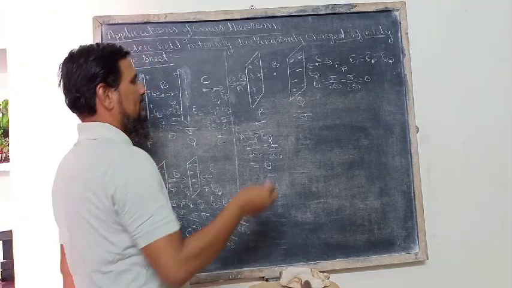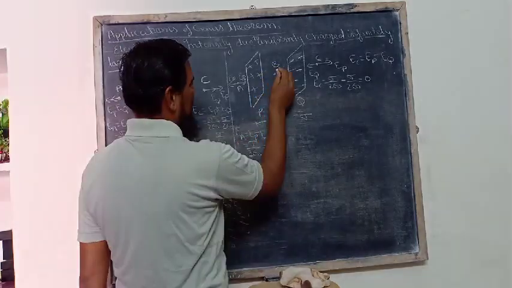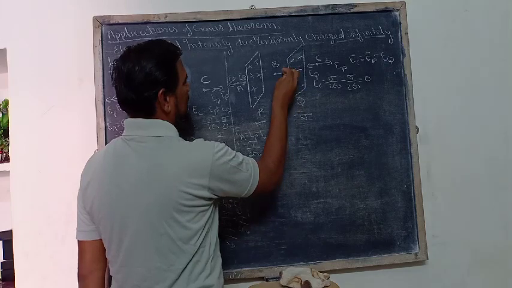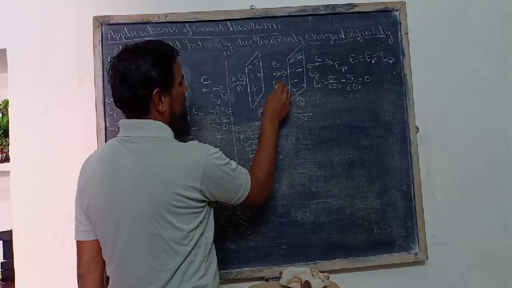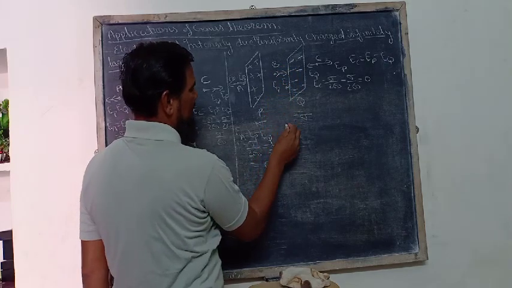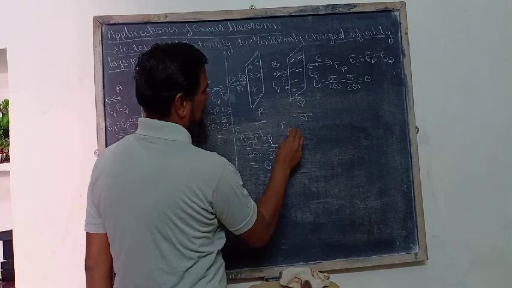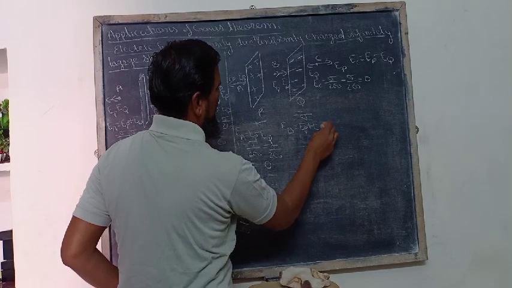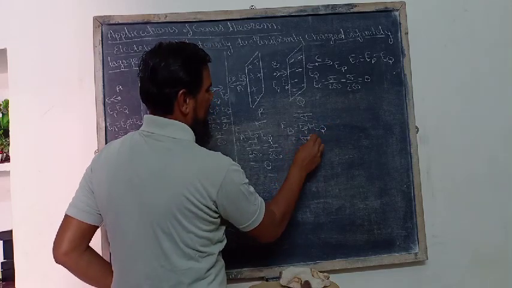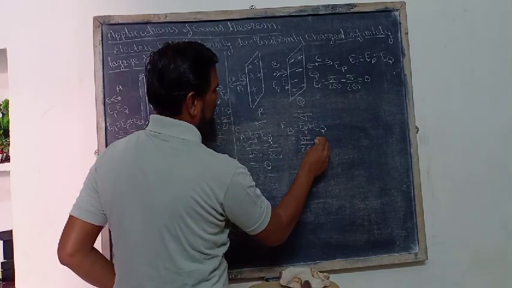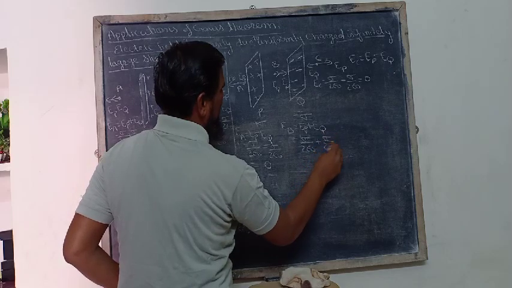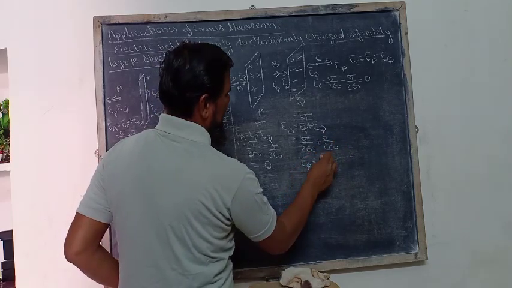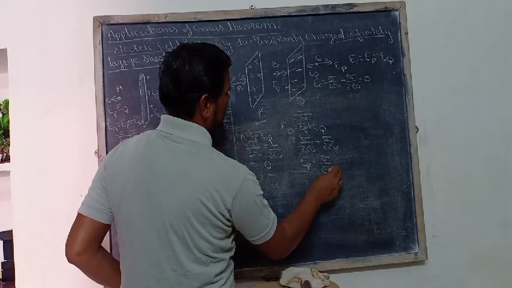Now we shall discuss point B between the plates. The EP will be away from the plate and EQ will be towards the plate, so both are along the same direction, and EB is equal to EP plus EQ, sigma upon 2 epsilon naught plus sigma upon 2 epsilon naught. So between the plates, the electric field intensity will be equal to sigma upon epsilon naught.